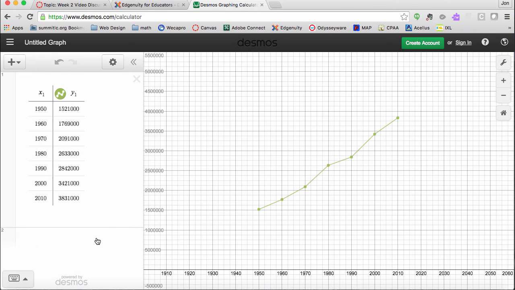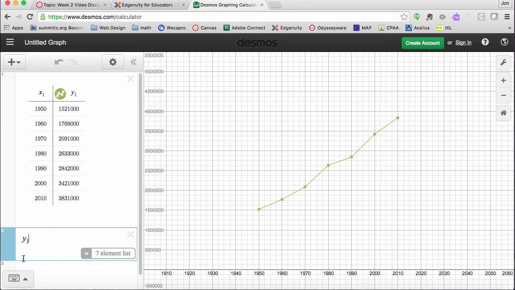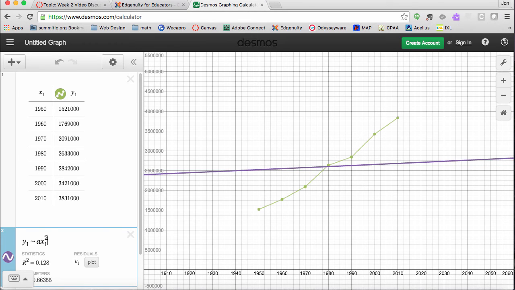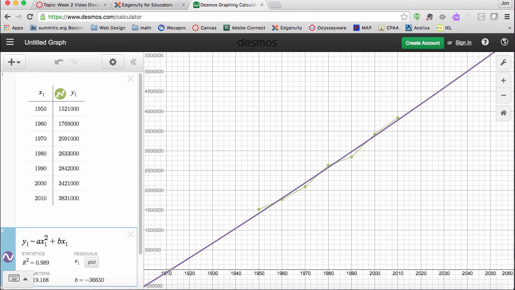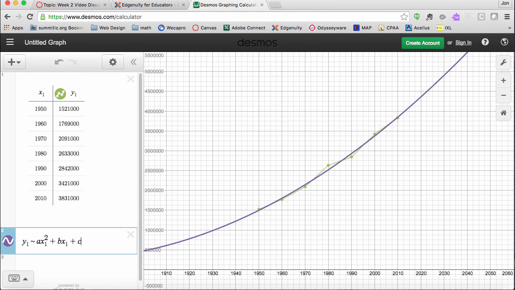So quadratics are y equals ax squared plus bx plus c, right? This is the general form of a quadratic equation. So let's do that same thing here. Let's go y1 is approximately equal to a times x1 squared plus b times x1 plus c.